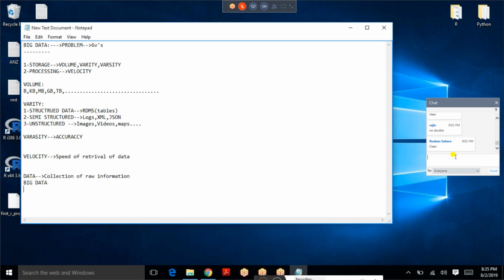Okay, and coming to the facts about data: until 2007 we had only 10% of the data. If the whole data present right now is 100%, then until 2007 only 10% of it existed.